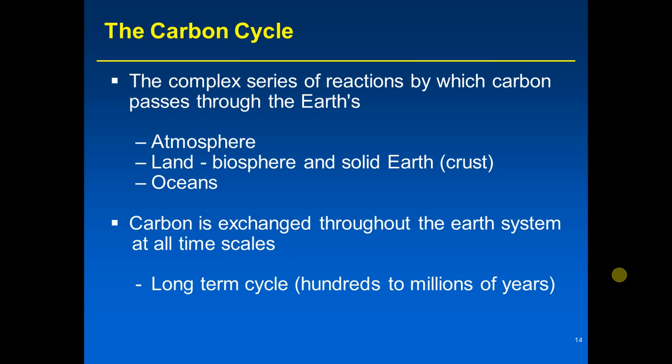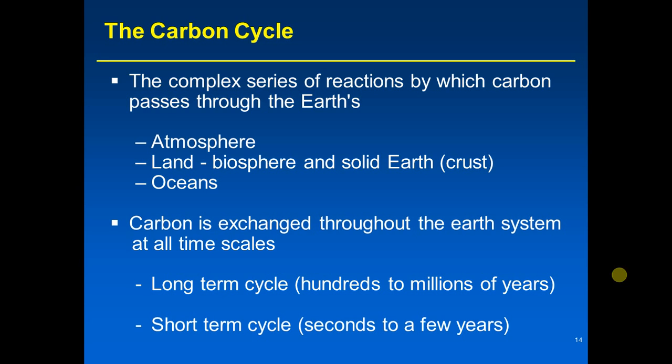Whereas for the short-term carbon cycle, carbon is exchanged between the Earth systems on a timescale of seconds to a few years. Okay, seconds to a few years. So understand the different timescales of the long-term carbon cycle and short-term carbon cycle.